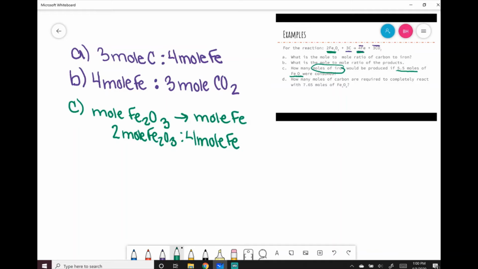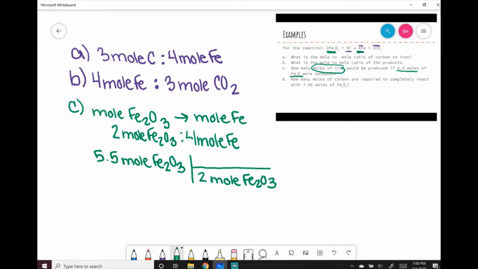Let's set up the problem. When you set up the problem, you always want to start with what's given. We were told that we have 5.5 moles of Fe2O3. Now I'm going to plug in my ratio. You want to plug it in so that your units cancel out, and in particular I want my moles of Fe2O3 to cancel out.